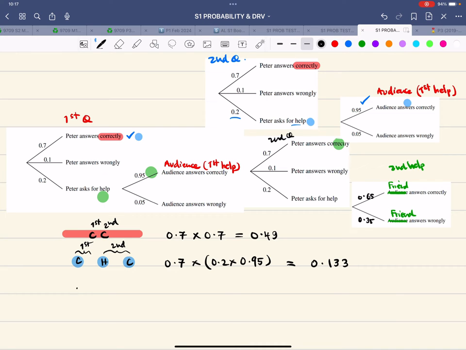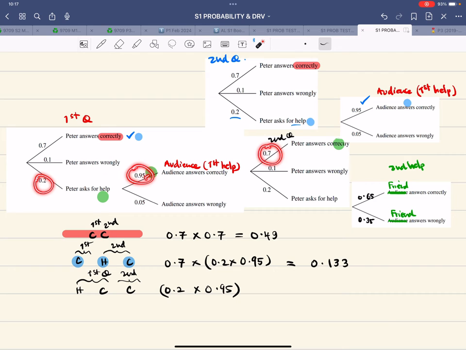So this is H and A and C. The audience correctly, that is this thing, and then a C. So now this is the first question. This is the second question. This is 0.2 from here into 0.95. So this is 0.2, this is 0.95, this is 0.7. The numbers are the same as the middle one actually. So this comes out to be 0.133.